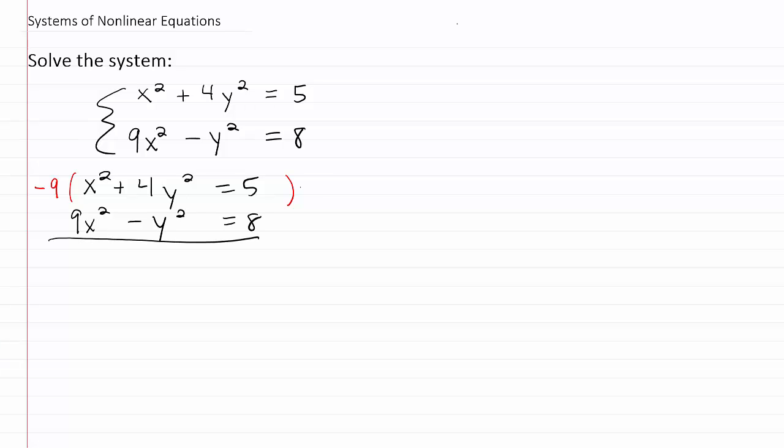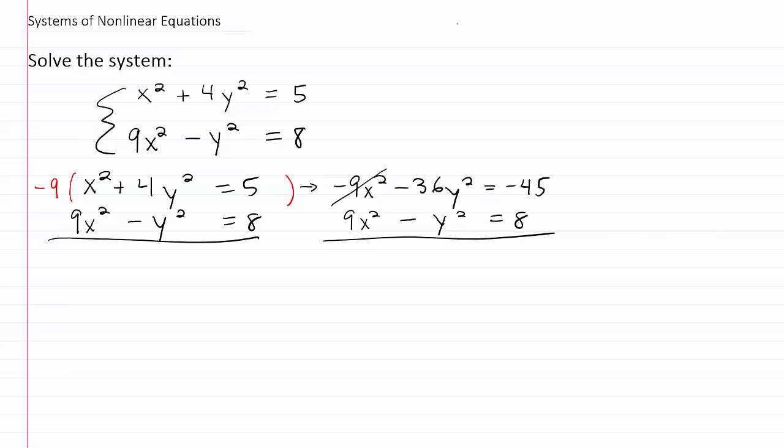If I do that, that's going to lead to -9x squared minus 36y squared is equal to -45. And then I'll have underneath that 9x squared minus y squared is equal to 8. If I combine these equations, those terms will cancel out, leaving me -37y squared is equal to -37.